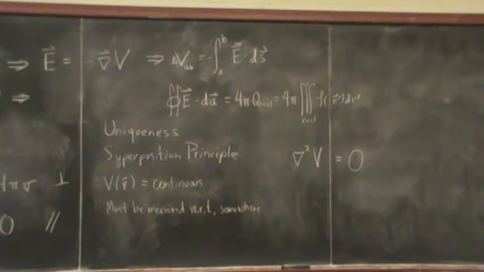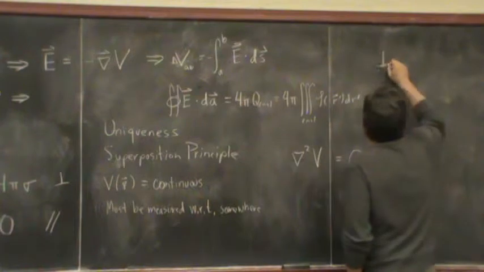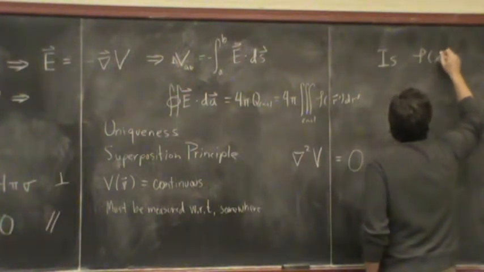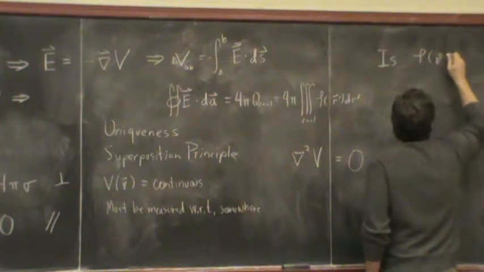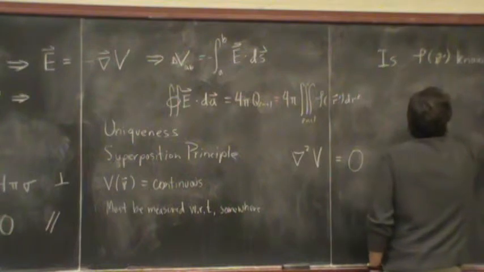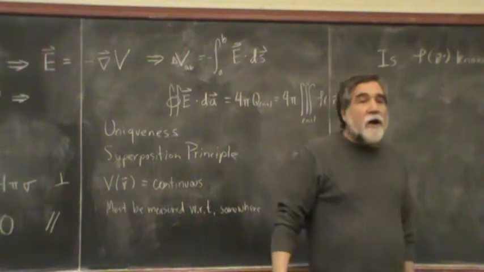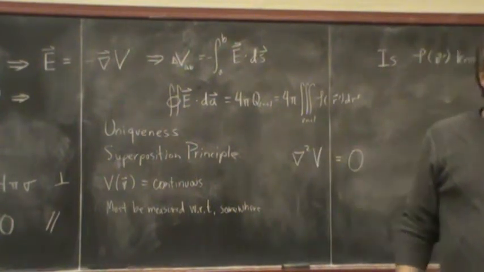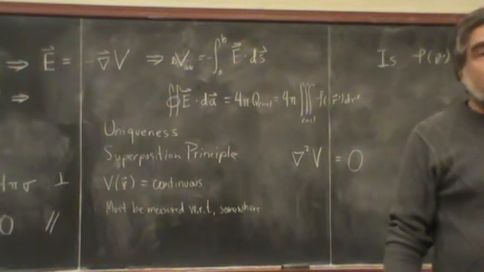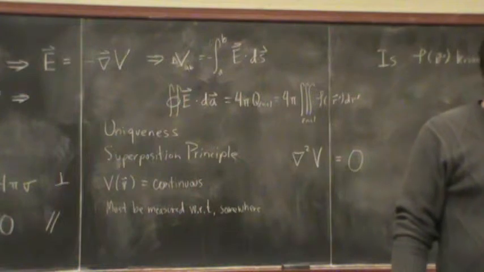So I guess the question that you should ask yourself when you're being asked to solve for the field in a given problem is, first, is the charge density known? If the charge distribution is known, then it's likely that you're going to want to solve this problem by direct summation or direct integration.